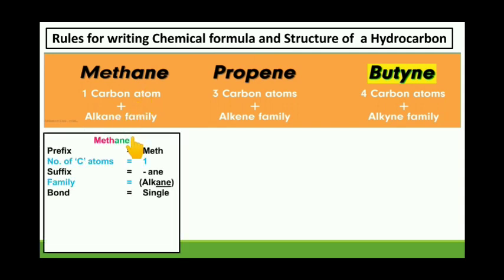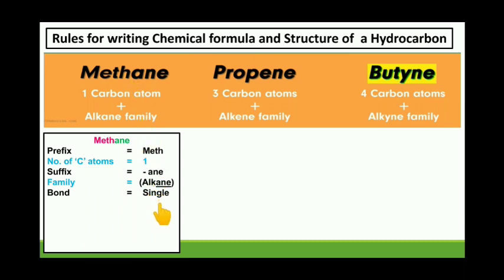So we can write methane and its information like this. Prefix meth, number of carbon atom 1, suffix ane indicates it belongs to the family of alkane, which has single bond between them.